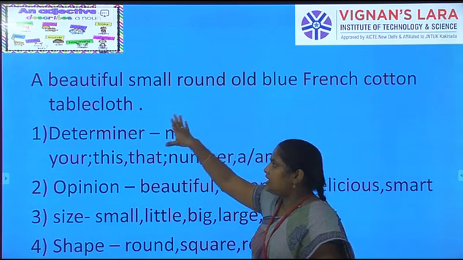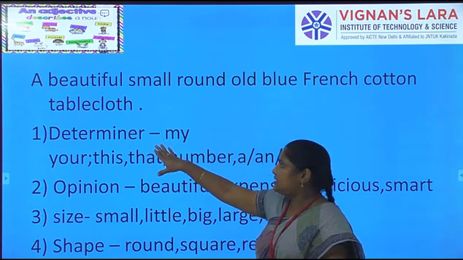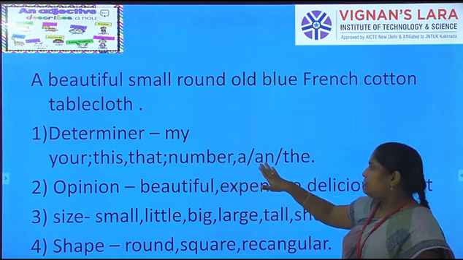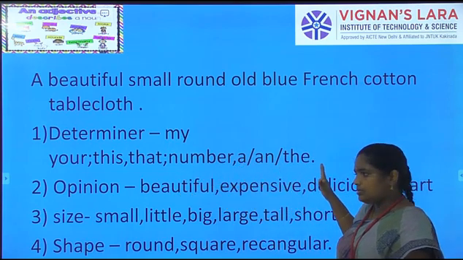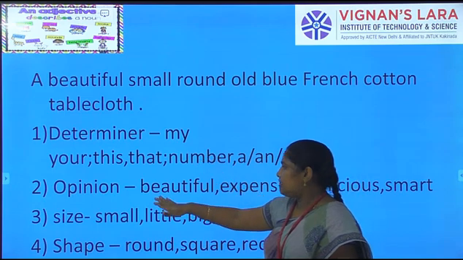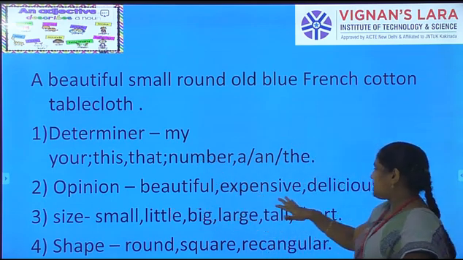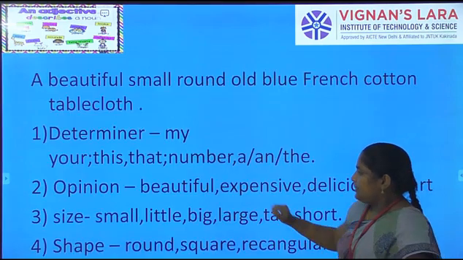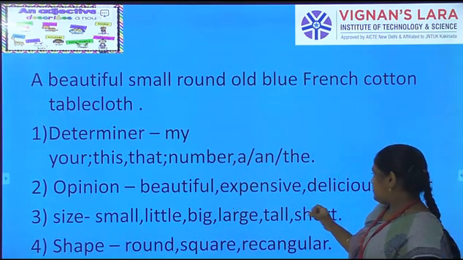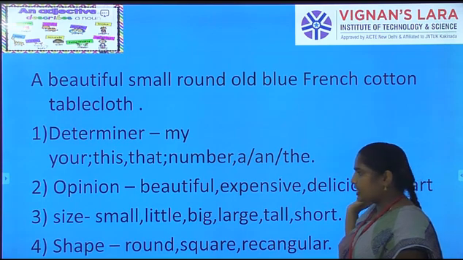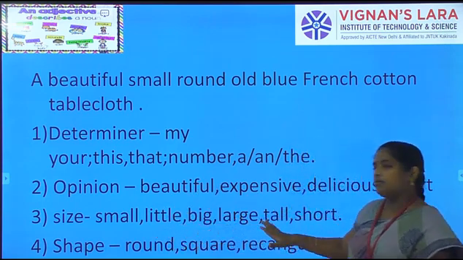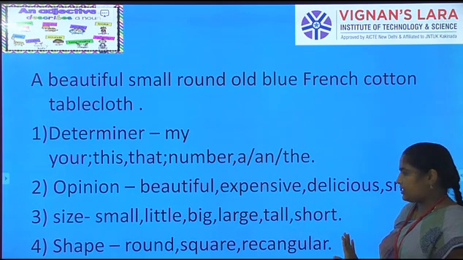First, determiners: mine, your, this, that, numbers, a and the. Opinions: beautiful, expensive, delicious, smart. Size: small, little, big, large, tall, short.